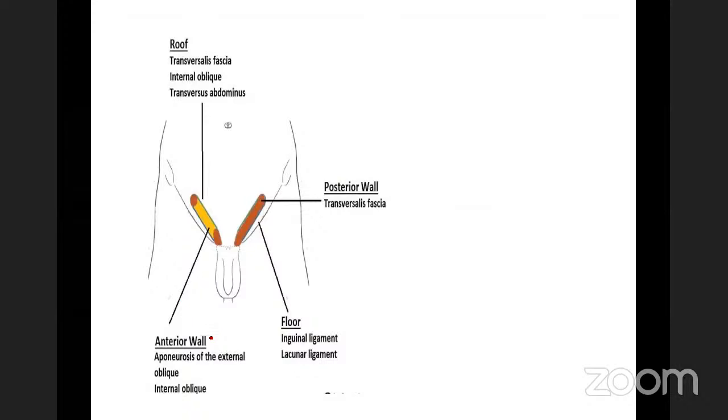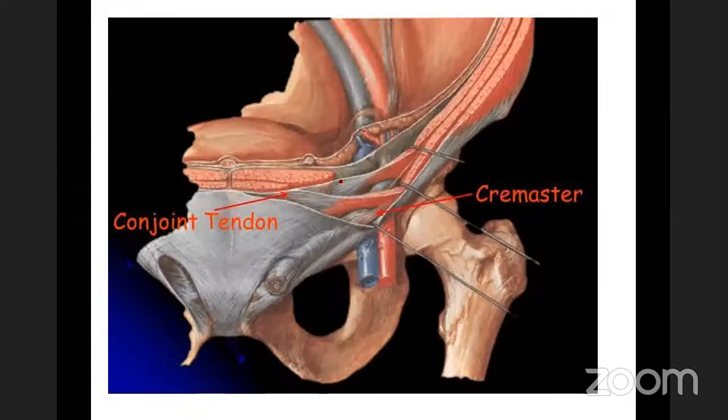So we discussed that the inguinal fibers of internal oblique muscle will form the conjoint tendon after joining with the similar aponeurosis of transversus abdominis. So the conjoint tendon is formed by the aponeurosis of both the internal oblique and transversus abdominis. You will appreciate it when we discuss the inguinal canal.